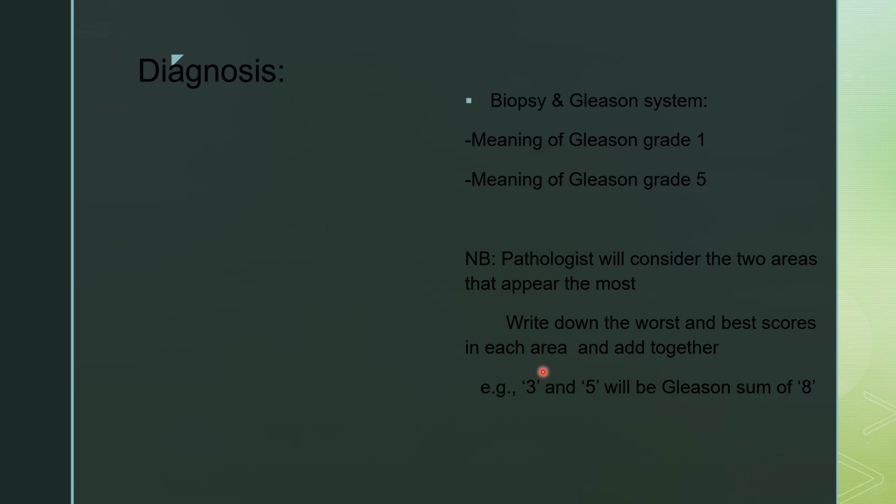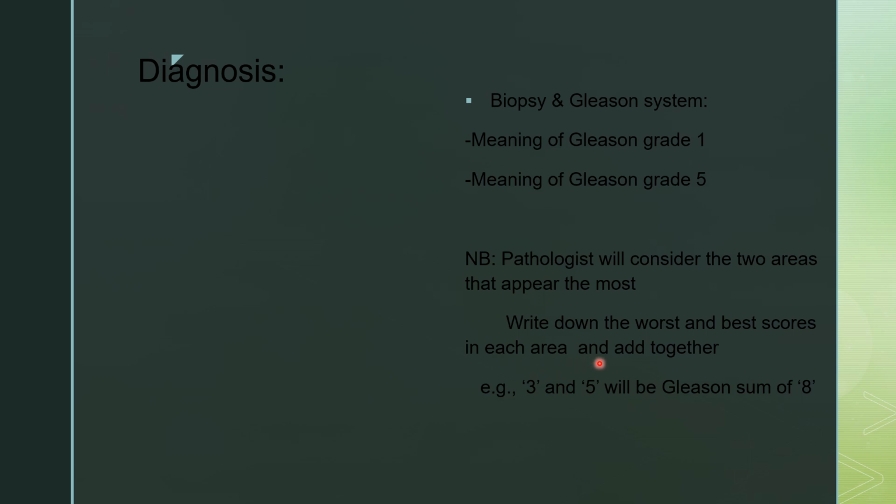So it doesn't mean the entire samples taken are grade 3. No. It will be divided into two areas. The entire sample will be divided into two areas, right? The commonest one in this example is 3, and that is the most appearing grade, while 5 is the least appearing grade.